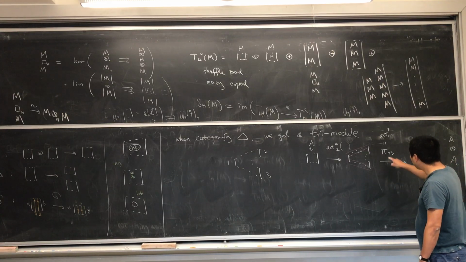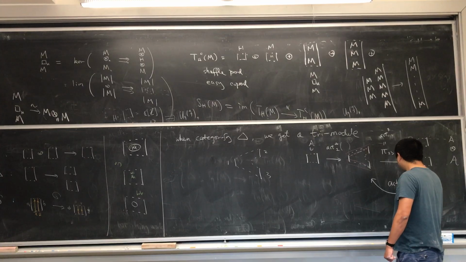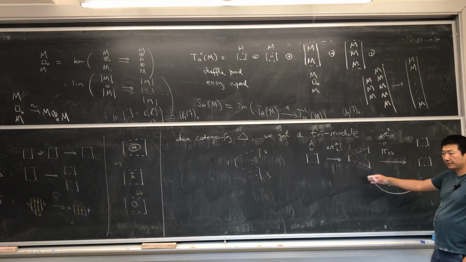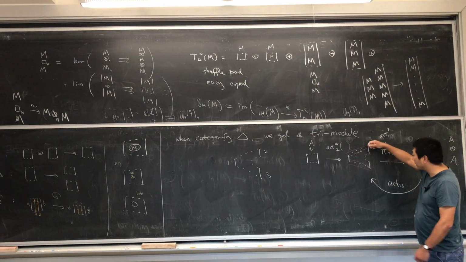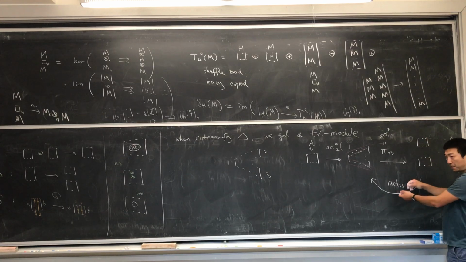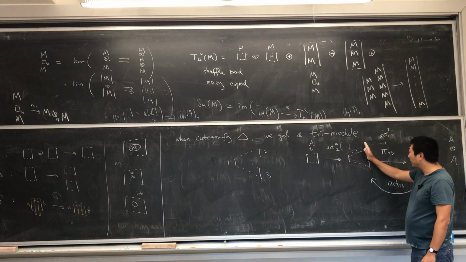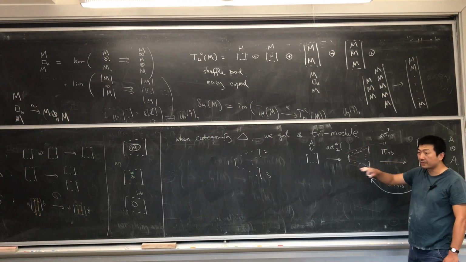The good thing for this pi 2, 3 is that when you act pi 2, 3 on the empty guy, yes, it is associated to 2 and 3, but let me explain. When we do a cut, remember we can only have cuts that end on stops.